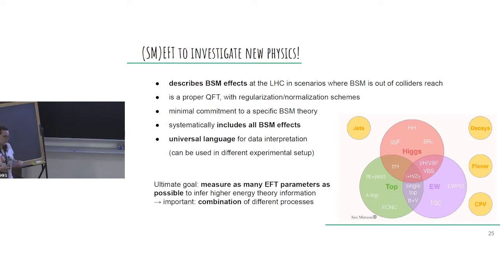So taking information from the different areas is really important to have a more complete description of these effective field theory parameters, and so to infer more precisely something about the higher energy theory that one day maybe we will reach. Thank you.